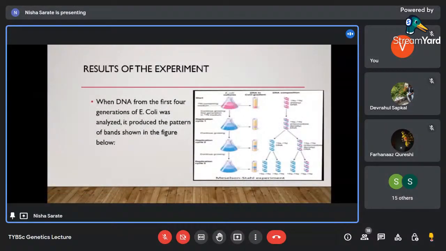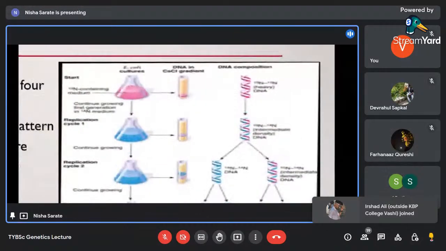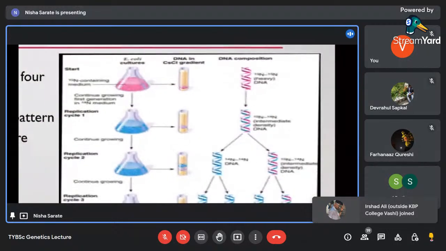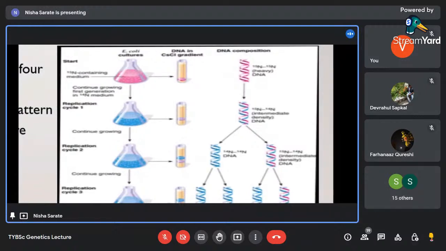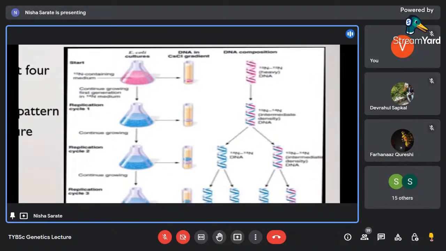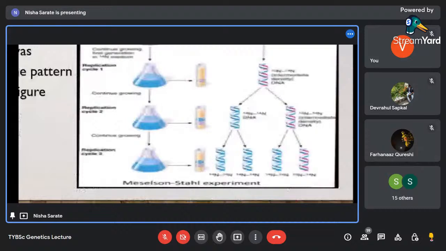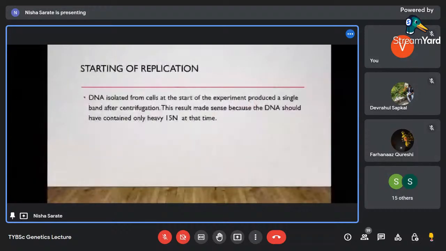Result of the experiment. When DNA from the first four generations of E. coli was analyzed, it produced the pattern of bands shown in the figure. This is the replication process: E. coli culture, DNA in cesium chloride gradient, and DNA compositions. At the start of replication, DNA isolated produces a single band after centrifugation.